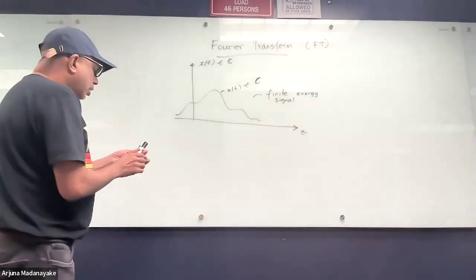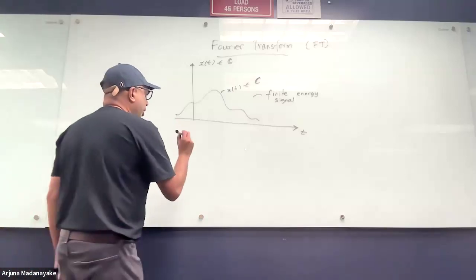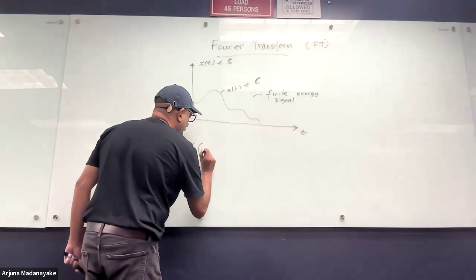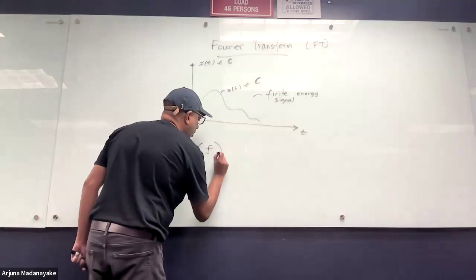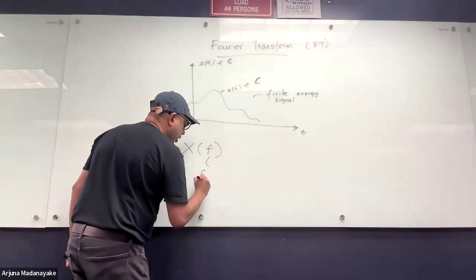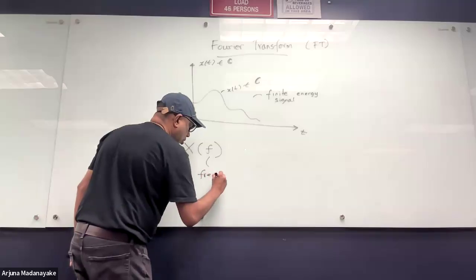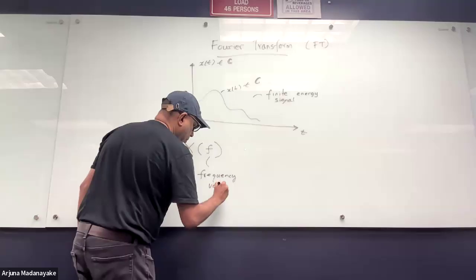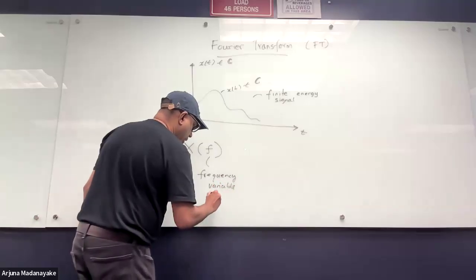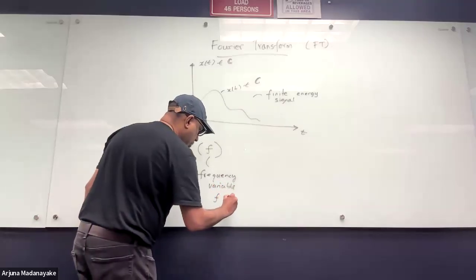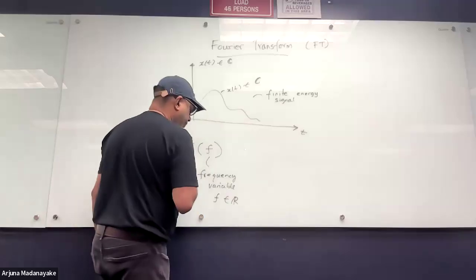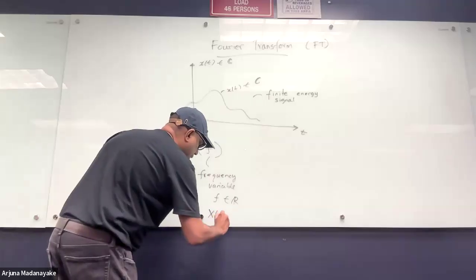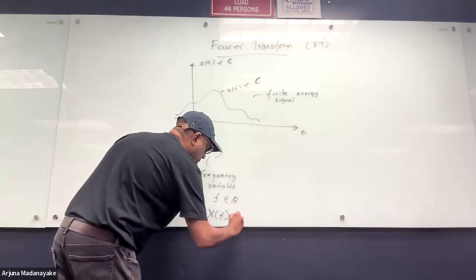And if you take such a signal, you can define this mathematical operation, a complex function capital X of f, where f is my frequency variable. f is real valued, but X of f is in general complex valued.